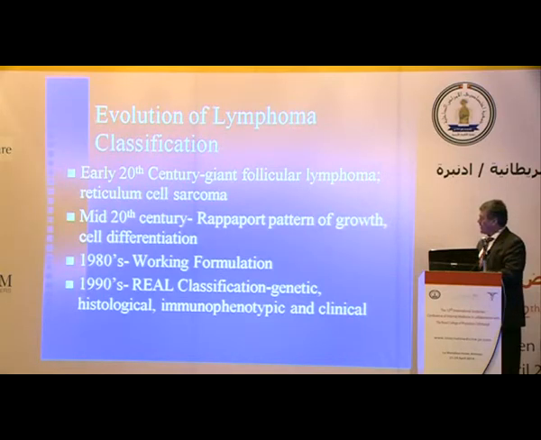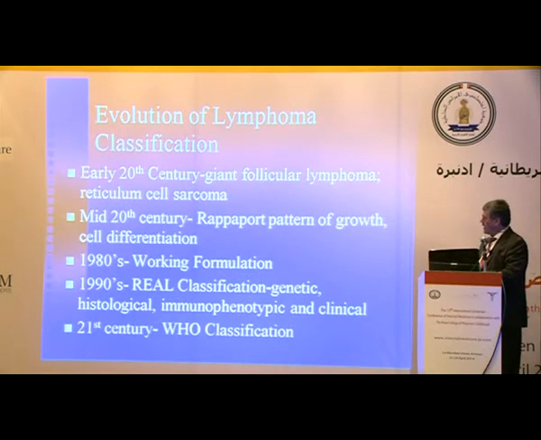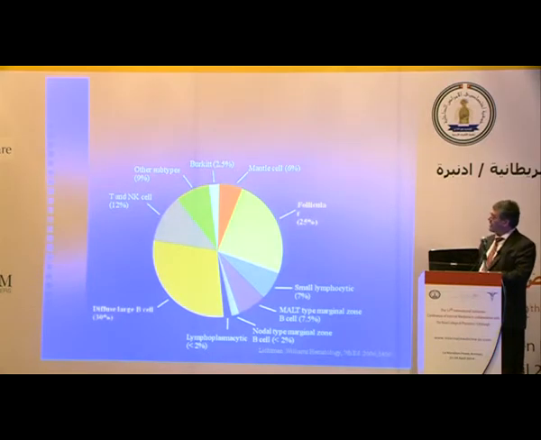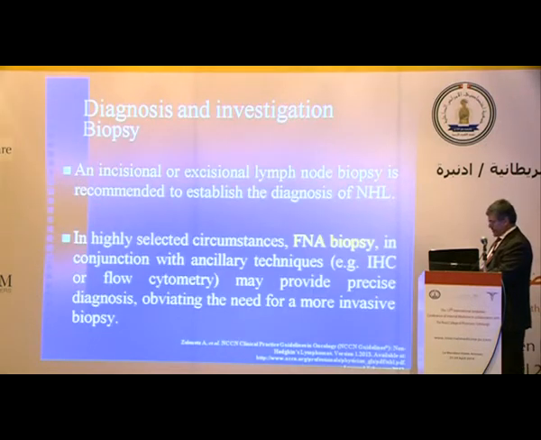In the 1990s and early 2001, there were two adopted classifications: one is the REAL classification, and REAL stands for Revised European American Lymphoma, and the other is the WHO classification. Based on these, we are talking about the most common one.